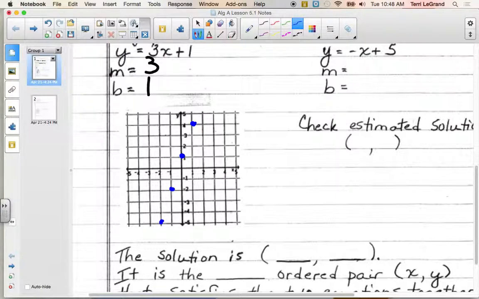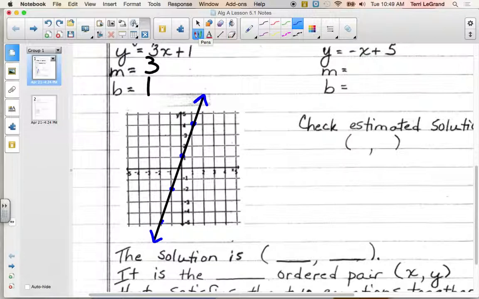The more points you make on these, I guarantee you'll probably make a better estimated solution. Get yourself as many points as you can, and then draw your line through it. Put arrows at both ends because we know it goes on forever.